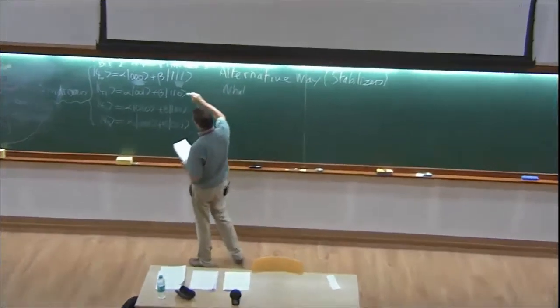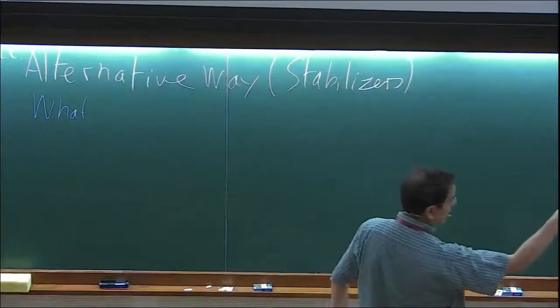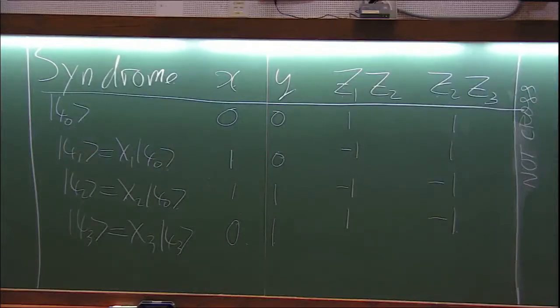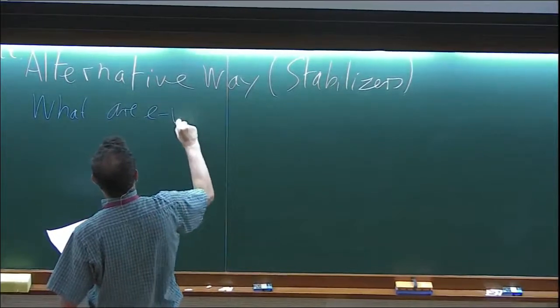Oh, I should also point out that since these operators, when you square them, are 1, the eigenvalues are going to be +1 or -1. And the question is, is it +1 or is it -1? What are the eigenvalues?